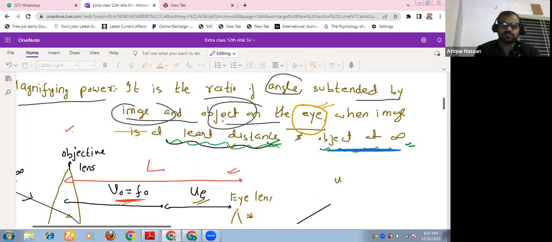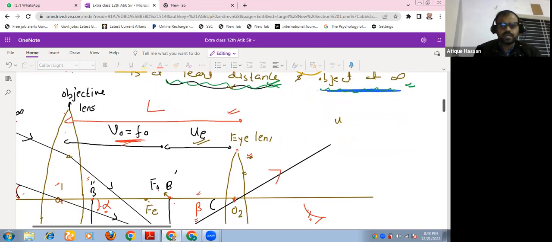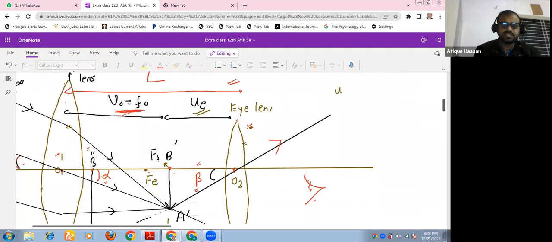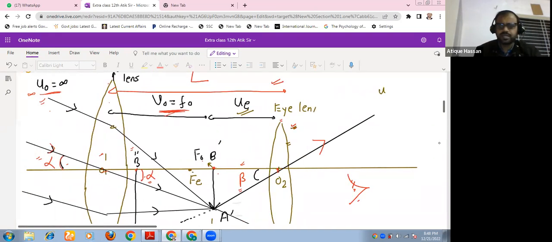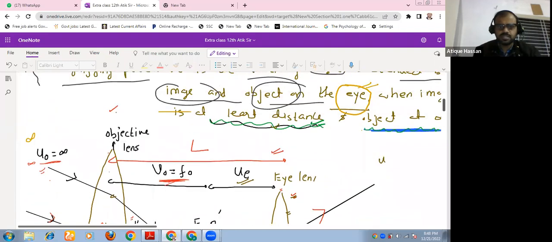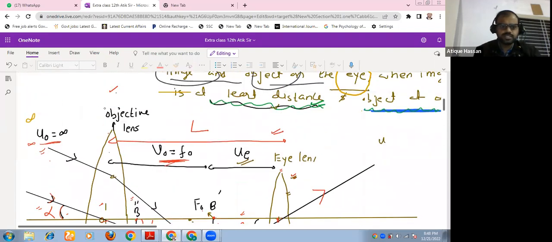Automatically the object is at infinity, so we only have to keep in mind that we have to take the ratio of the angle subtended by the image as well as the angle subtended by the object at the eye. Now if you see the diagram here, you see the first lens, that is called the objective lens.